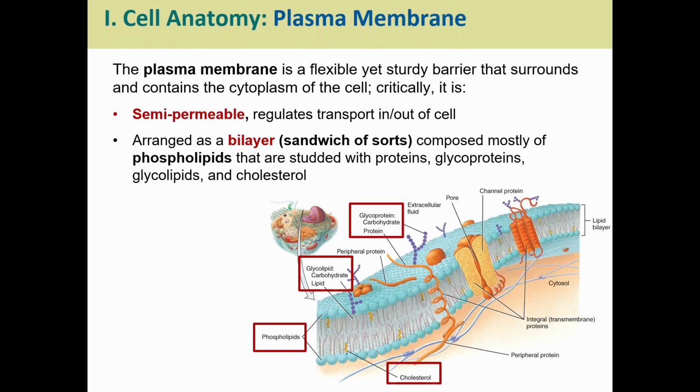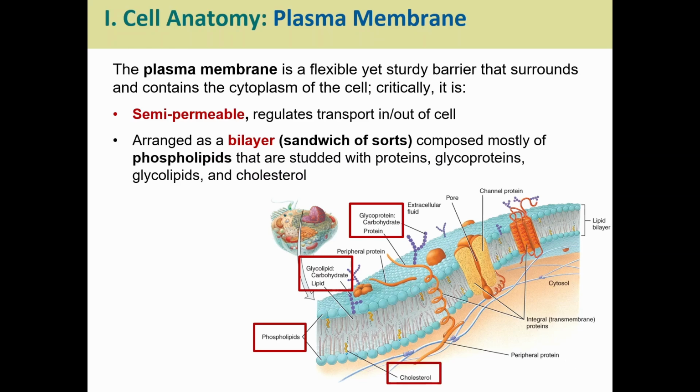So if we look at the phospholipids, we have the phosphate heads shown in that light blue, and the fatty acid tails shown as those little white matchsticks. If we're looking at it that way, the phospholipid heads on the very inside and very outside are water-loving, they're hydrophilic, while the fatty acid tails are hydrophobic.